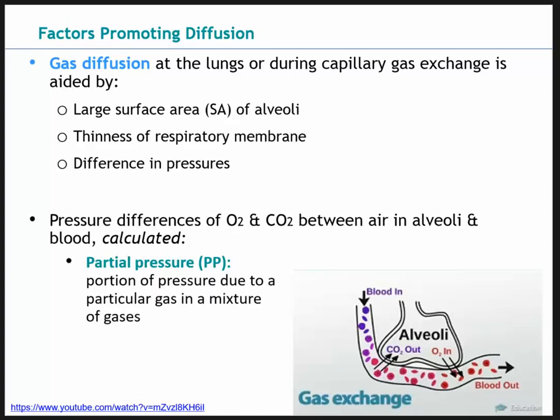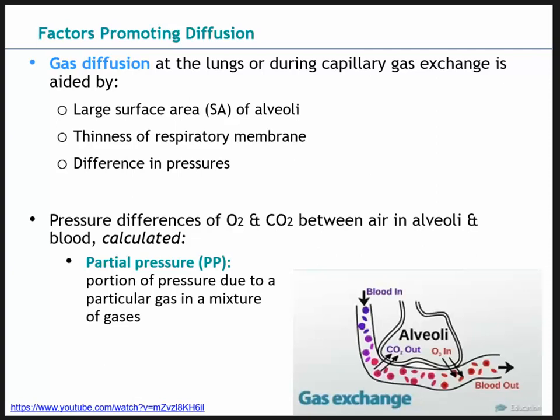What is partial pressure? It's the portion of a pressure due to a particular gas in a mixture of gases. It's the pressure exerted by an individual gas in a mixture. We'll get into Dalton's law next, and that will explain it.